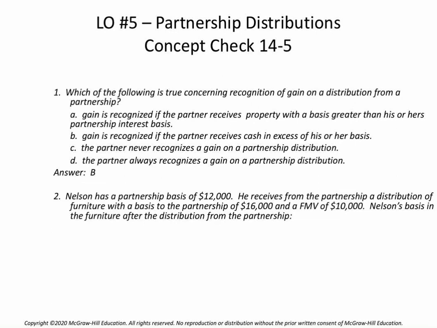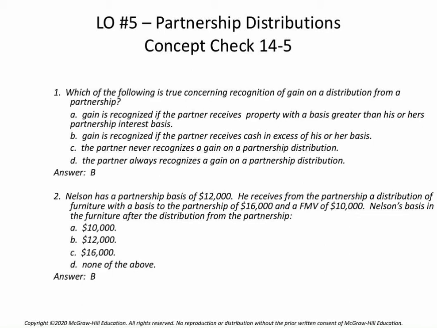So, Nelson, concept check 2. Nelson has a partnership basis of $12,000 and receives from the partnership a distribution of furniture with a basis in the partnership of $16,000 and a fair market value of $10,000. What is Nelson's basis in the furniture after the distribution from the partnership? Here, the basis would be $12,000. We've got a partnership basis of $12,000.